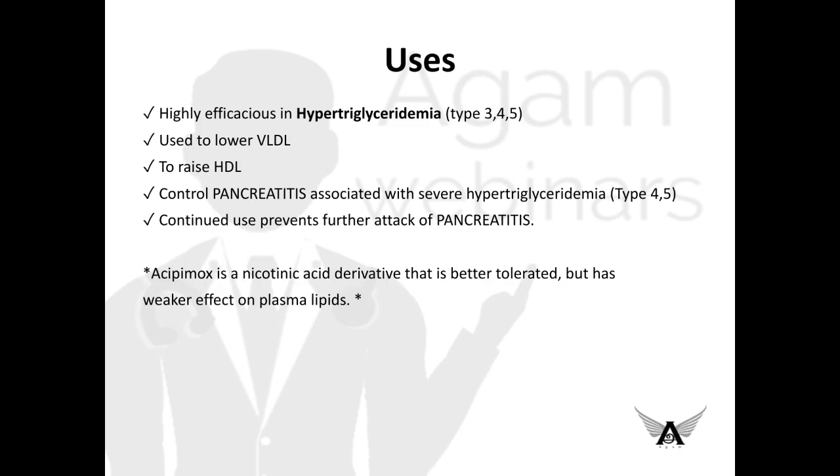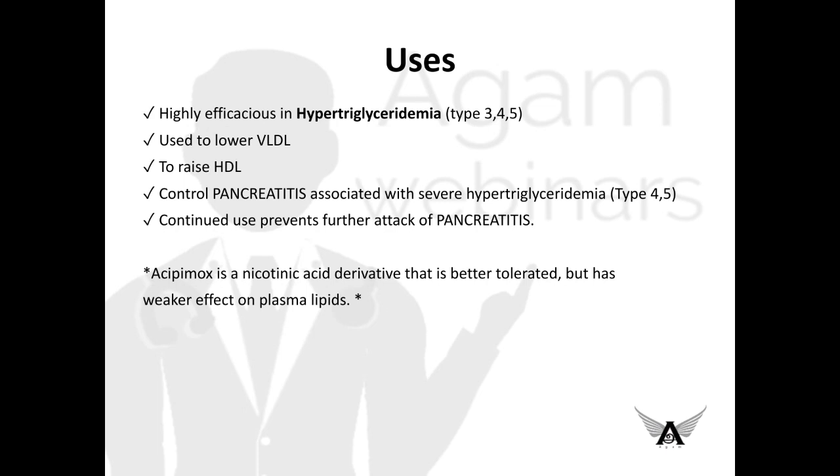Uses. If you understand that concept, you can write all the uses. The first one is hypertriglyceridemia. If you understand that, you can write all these uses on your own. It is used to reduce LDL and to raise HDL, and something specific should be present for any drug.